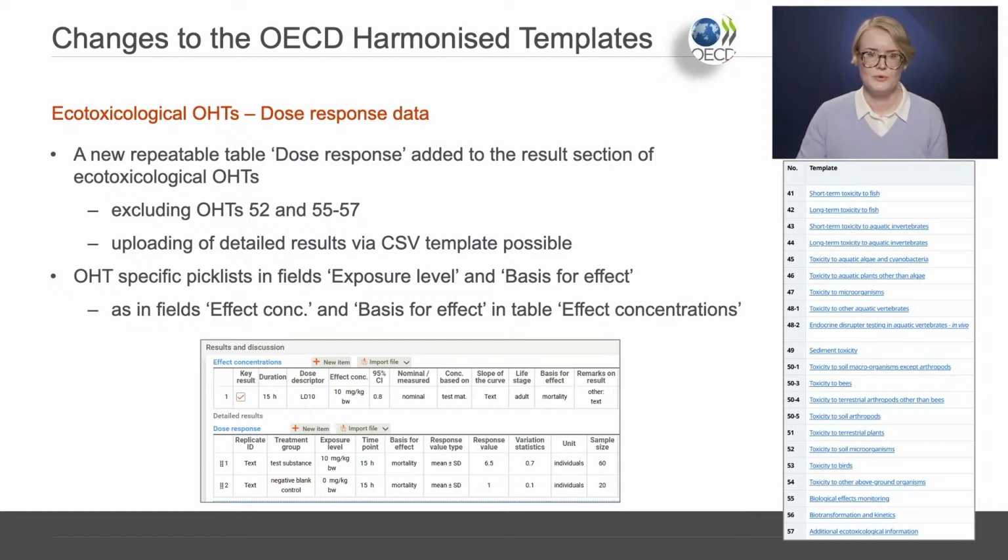This new table is placed after the result block effect concentrations under the header detailed results, where uploading of these detailed results is possible using the CSV template. In relevant fields, the new table reuses the same pick list values that also occur in the effect concentrations result block.